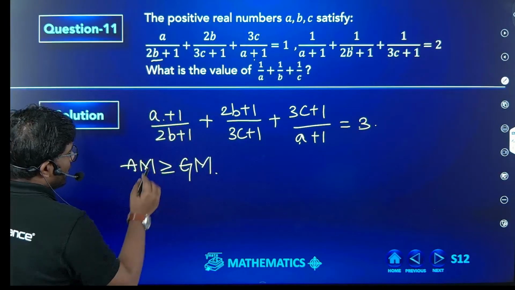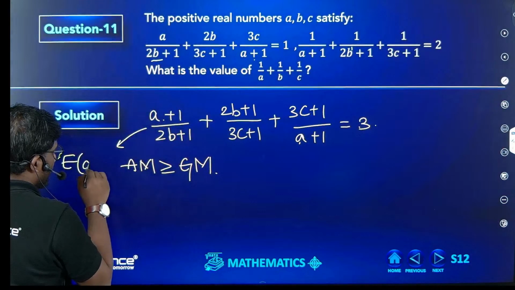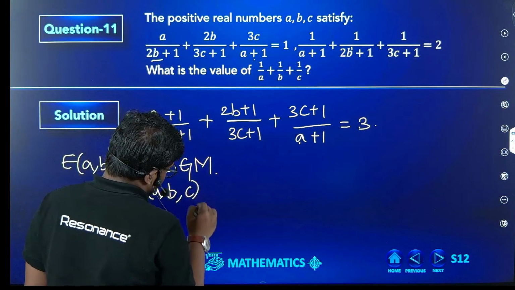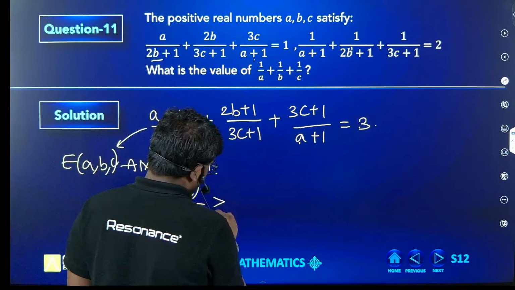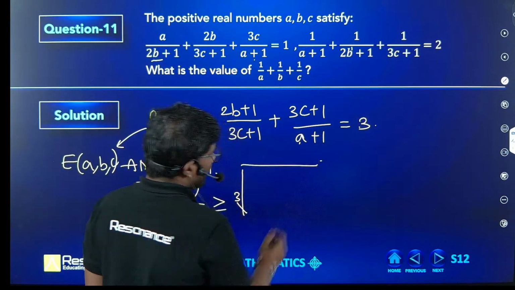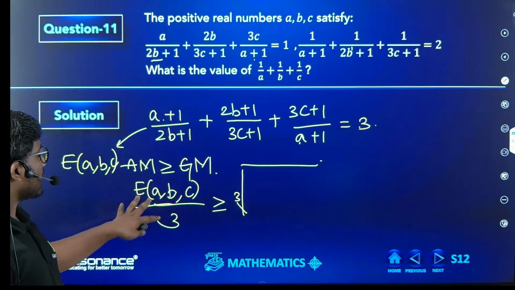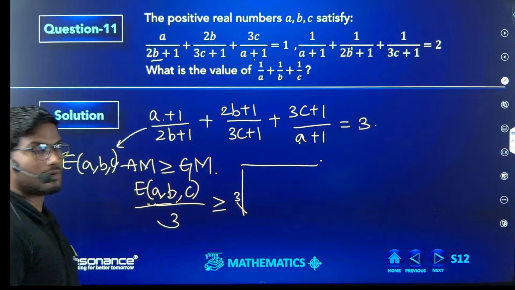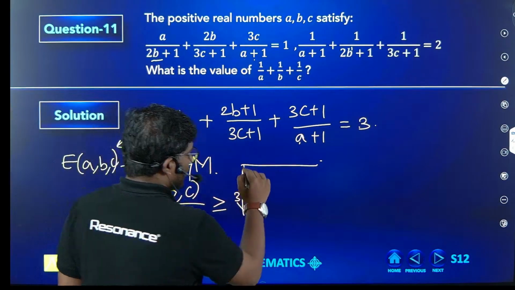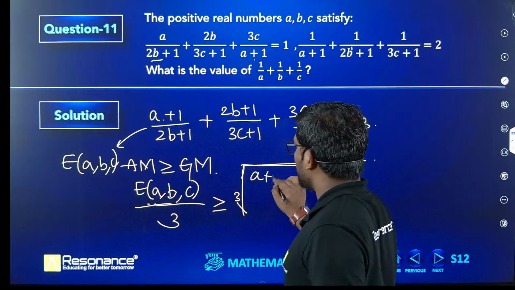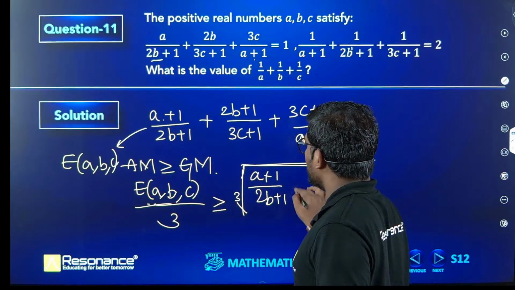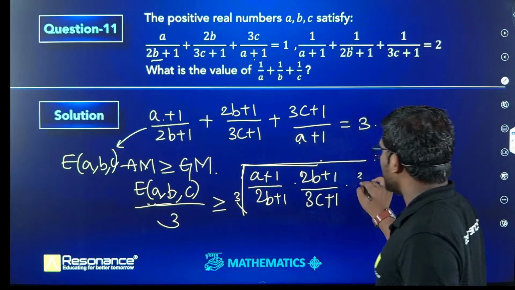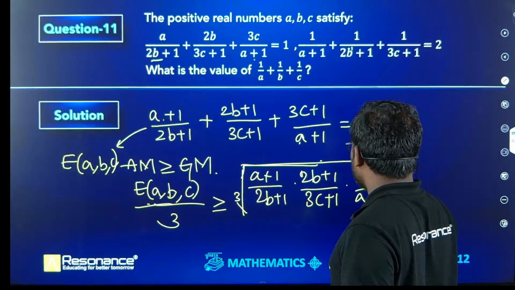Now this expression, I'll write it E of A, B, C. Since we've taken AM greater than or equal to GM, and there are three terms, it would be (a plus b plus c)/3 greater than or equal to the cube root of abc. Now this part translates to (a plus 1)/(2b plus 1) into (2b plus 1)/(3c plus 1) into (3c plus 1)/(a plus 1).